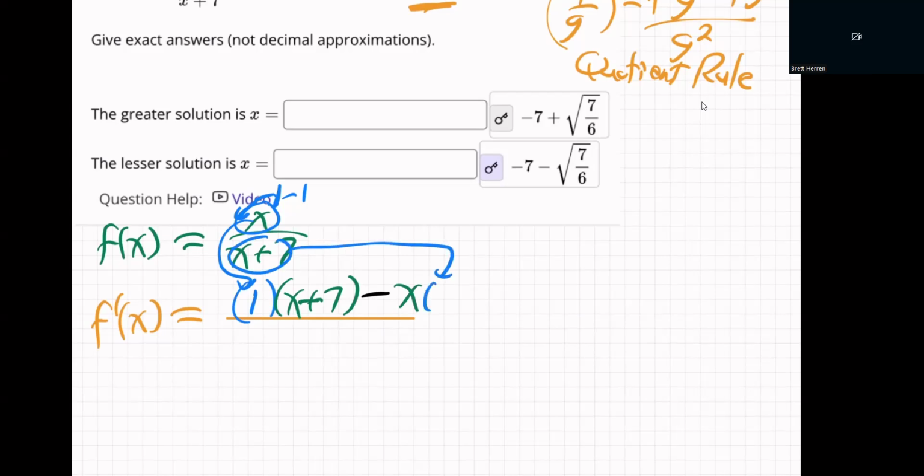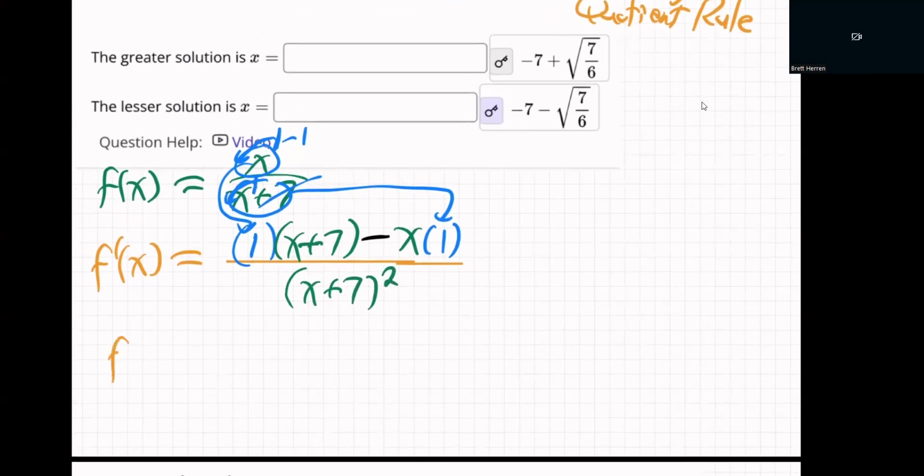What's the derivative of the bottom? Again, it's 1, and the derivative of the 7 is just nothing. The derivative of a constant number like 7 that doesn't have an x is just 0. And then over the bottom squared.